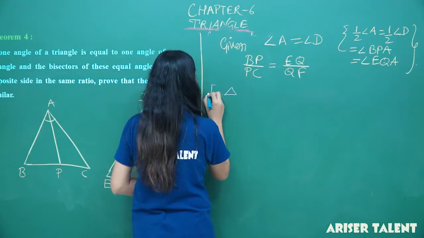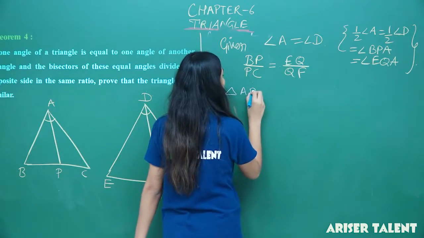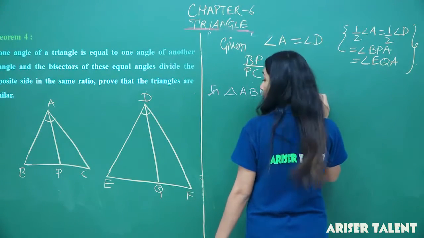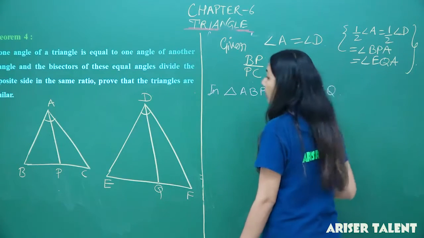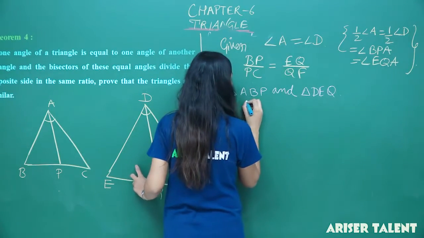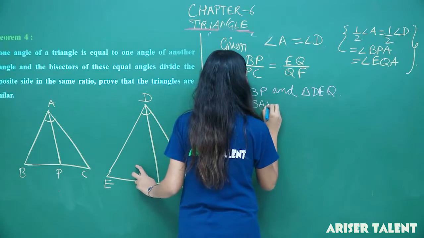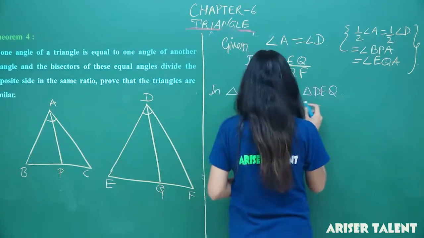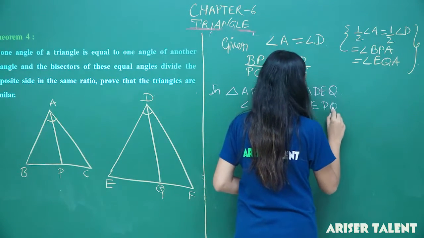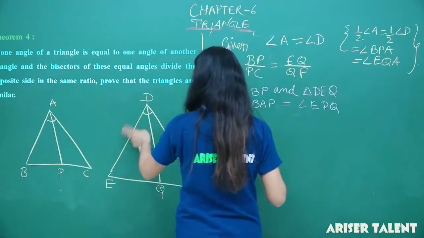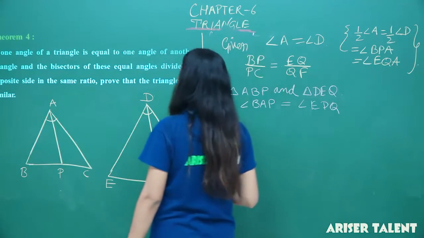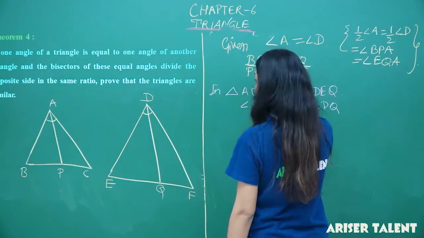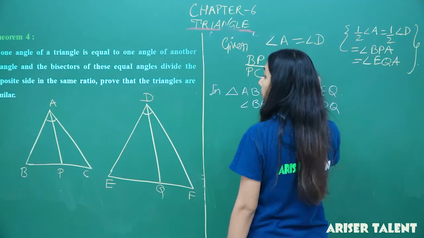Okay. So, in triangle ABP and triangle DEQ, what we are having in these two triangles, angle BAP and angle EDQ are equal. These two angles are equal, right? Now, we are having BP by PC equals to EQ by QF.